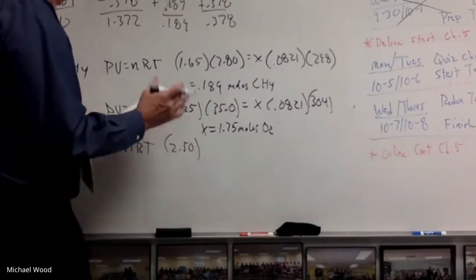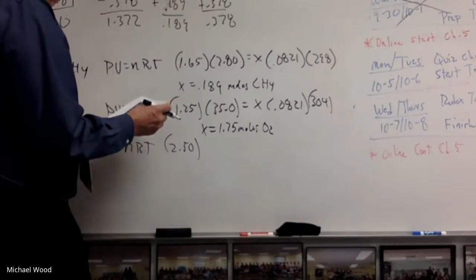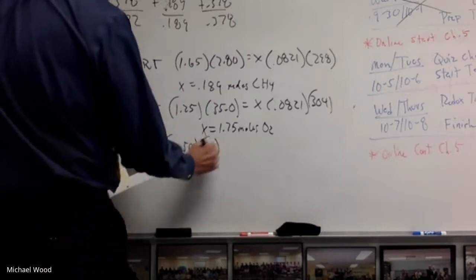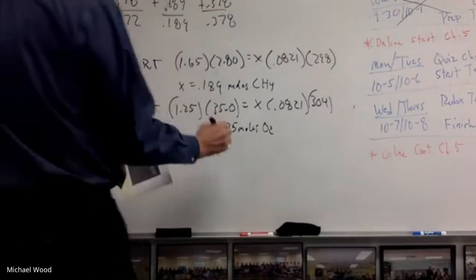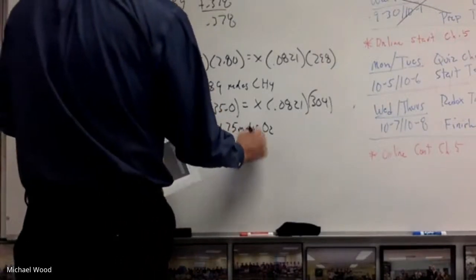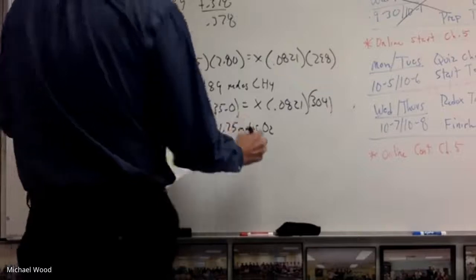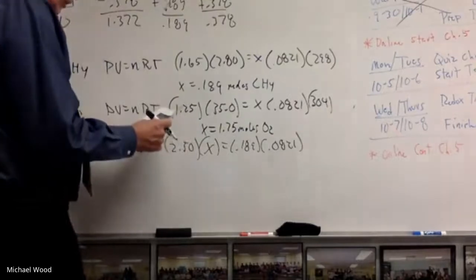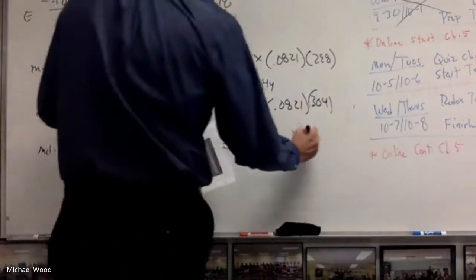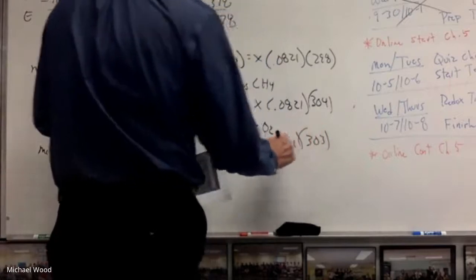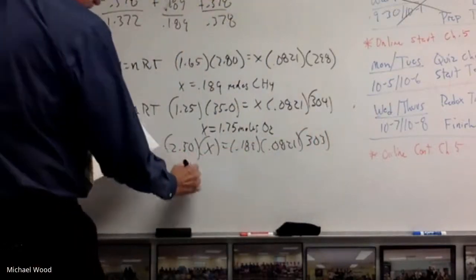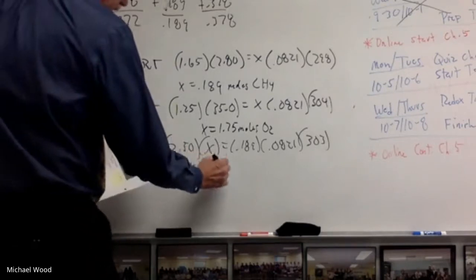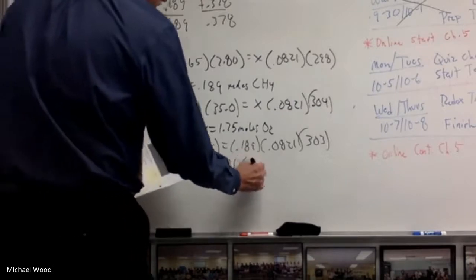The volume, let's see, calculate the volume. So the volume is x. And now I know the moles, it's 0.189. And the value I'm going to use for R is 0.0821, because this is in ATMs. And the temperature, it says it's 30 degrees Celsius, so it's 303. And so what I get there, x comes out to be 1.88 liters of CO2.